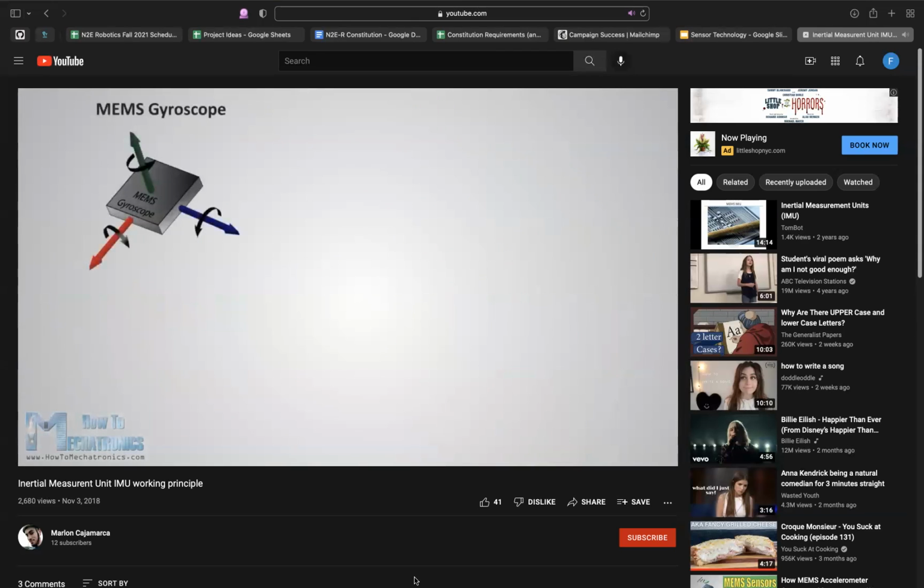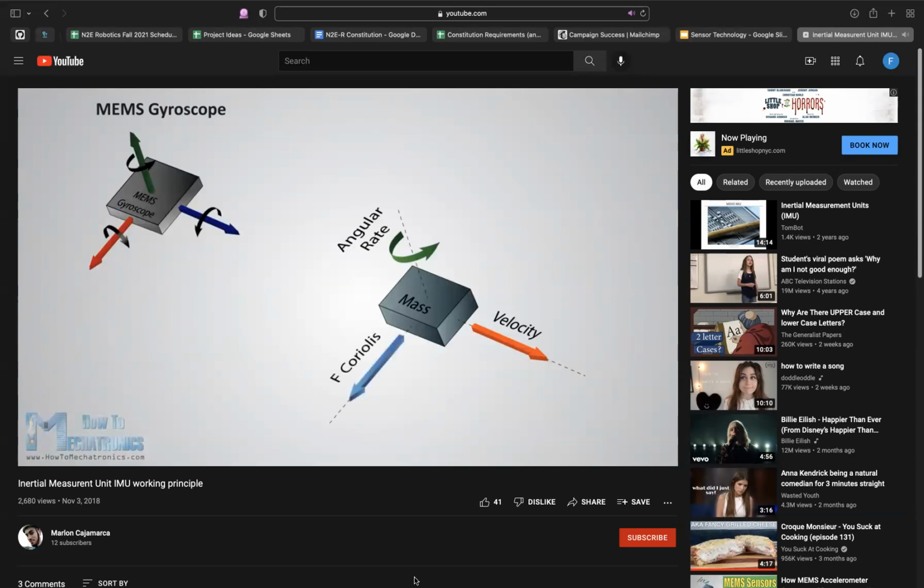Next is the gyroscope, which measures angular rate using the Coriolis effect. When a mass is moving in a particular direction with a particular velocity, and when an external angular rate will be applied, as shown with the green arrow, a force will occur, as shown with the blue arrow, which will cause perpendicular displacement of the mass.